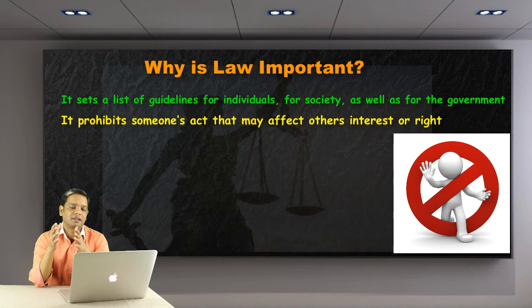Similarly, you have the freedom to go anywhere. It doesn't mean that you will enter others' property. That is restricted. You cannot say that it is a violation of your freedom. It is a restriction on your freedom, and that is a reasonable restriction, because the moment your freedom starts conflicting with others, your freedom ends there.